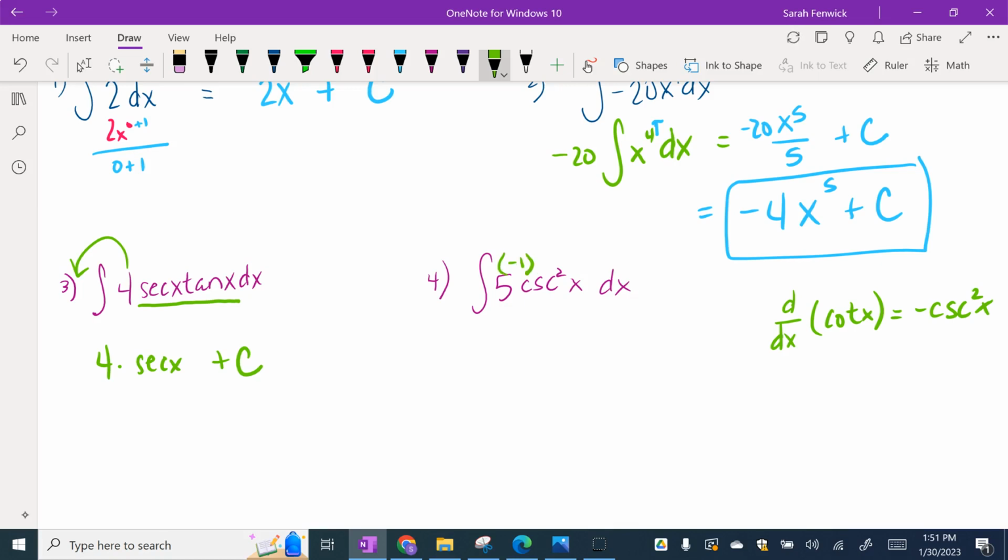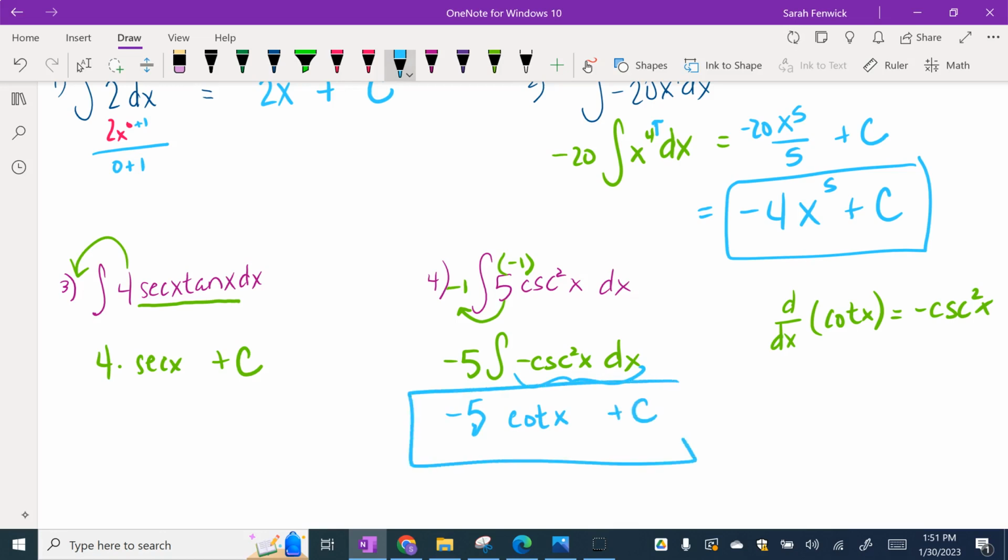And whatever I do inside, I can do outside, kind of like when you're doing stuff to a fraction or an equation. So I'm going to bring the 5 out, negative 5 integral of negative cosecant squared x dx. Now this matches my derivative rule. So negative 5, this gives me cotan x plus c. All right.